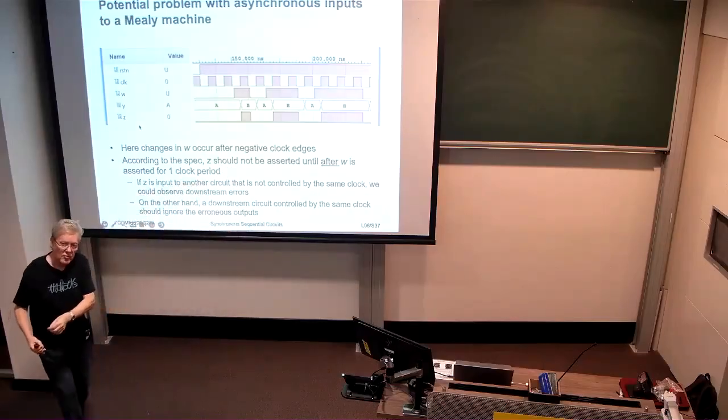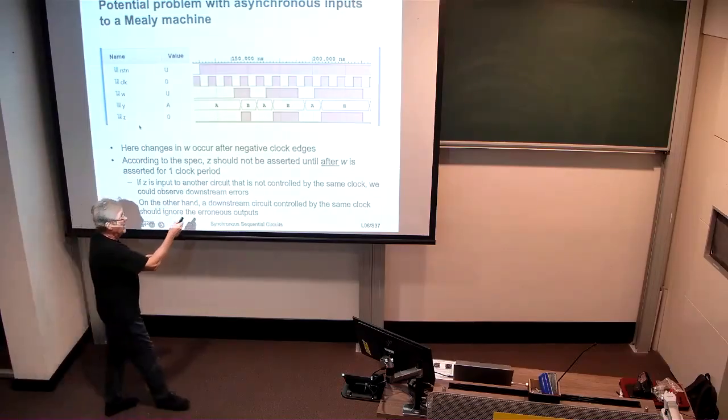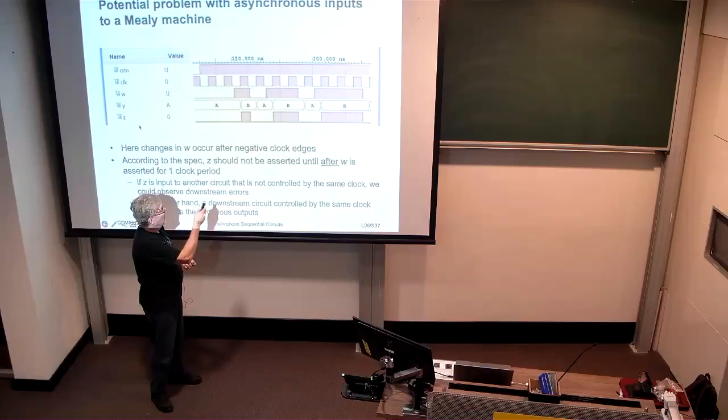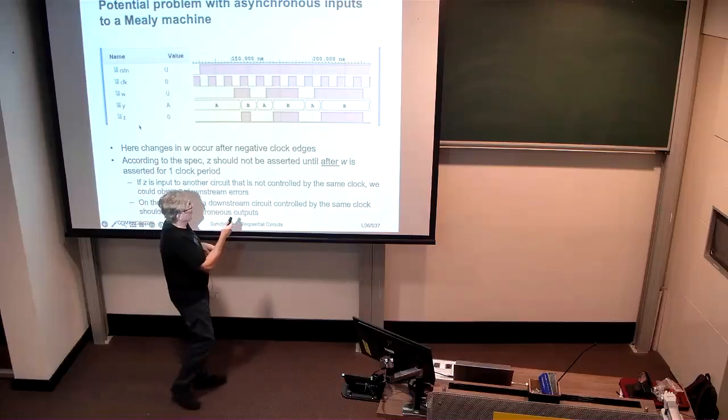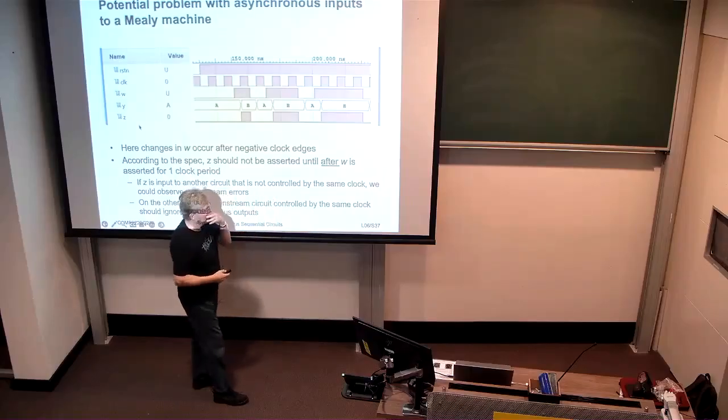And so any downstream circuit that's synchronized with the same clock isn't going to see Z being 1 there. By the time it goes low again, we're still on a negative clock edge. That doesn't really matter. Similarly, here, it's not until this rising clock edge here that any user circuit would see the output Z being 1, right?